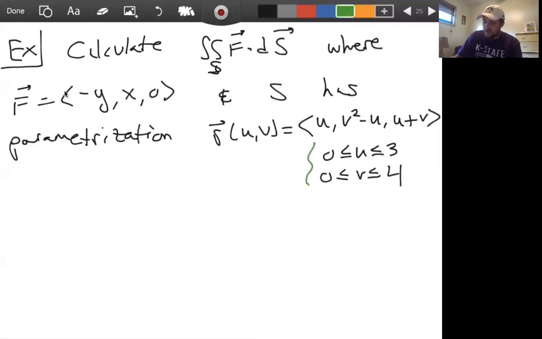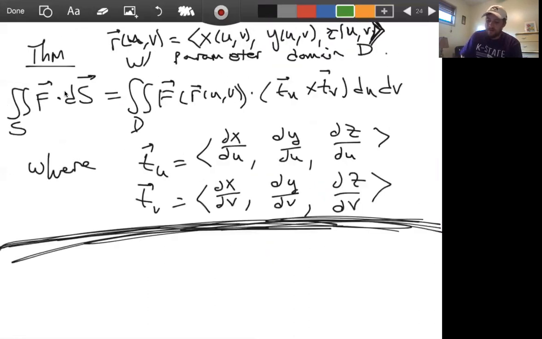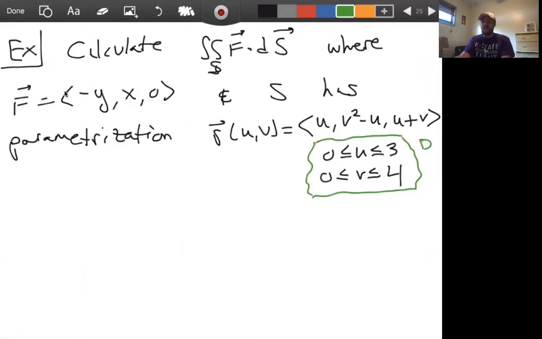And remember, the possible u and v values here are our parameter domain D. That's what I mean by a parameter domain, right? It's the possible u and v values that you can input.